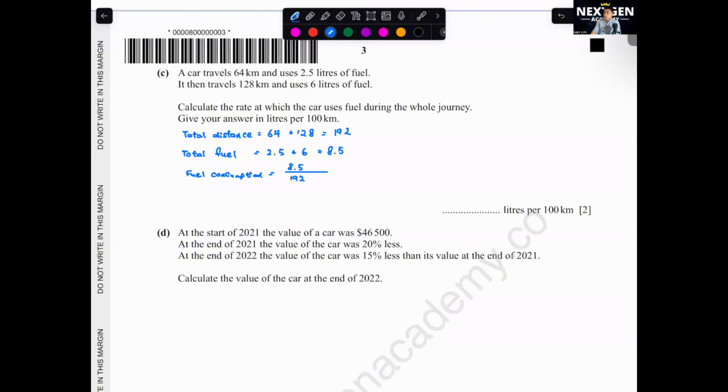They say liters per 100 km, right? So this one, we take over 100. 8.5 over 192 over 100, which will become 8.5 over 192 times 100. Actually, if you're not sure, just type everything in the calculator, because this is a paper 4 anyway. We'll get 4.43 liters.